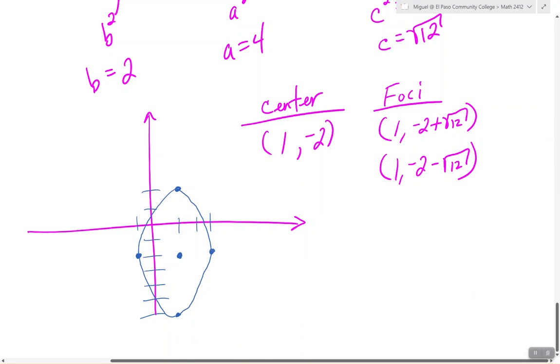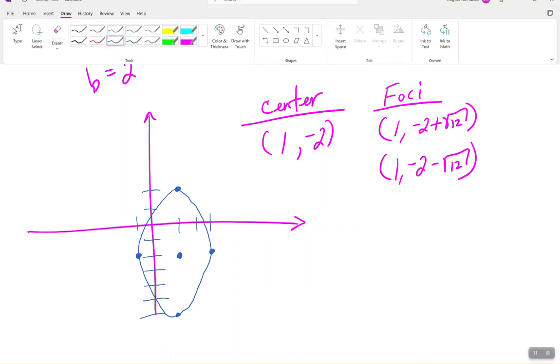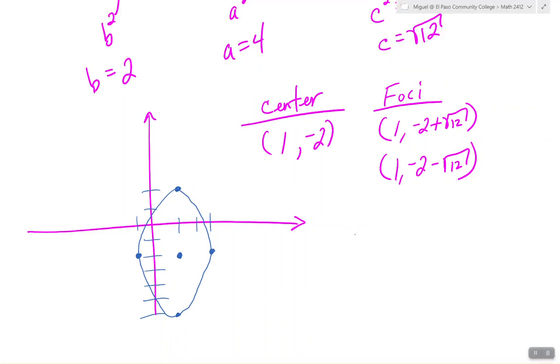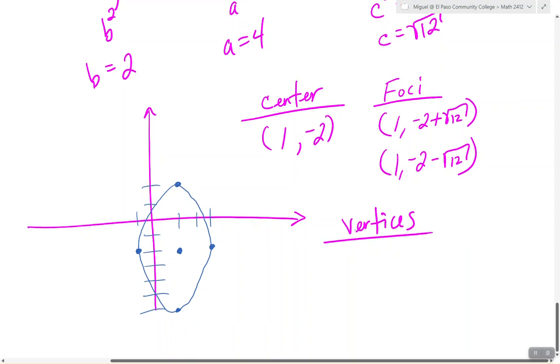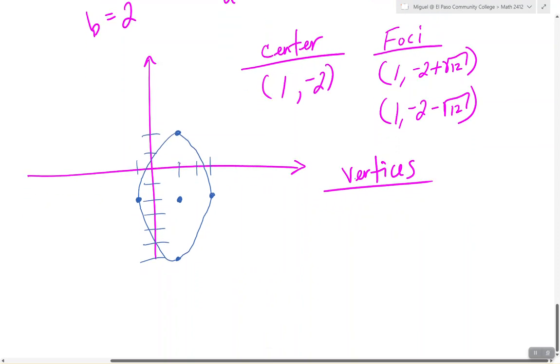So something like that. So our vertices are the endpoints of the major axis, right? So we got 1, 2, looks like, is the top one, and the bottom one is 1, -6. Like that.